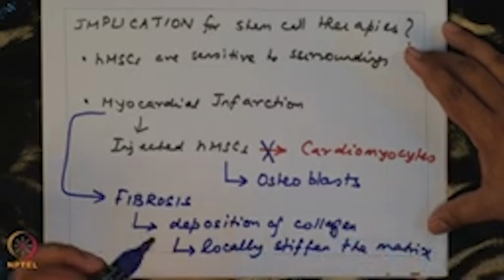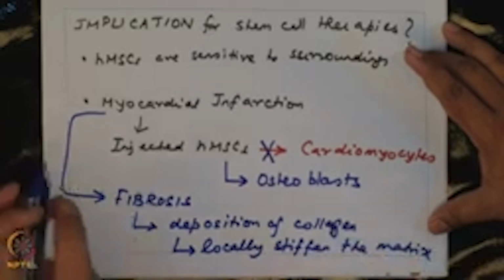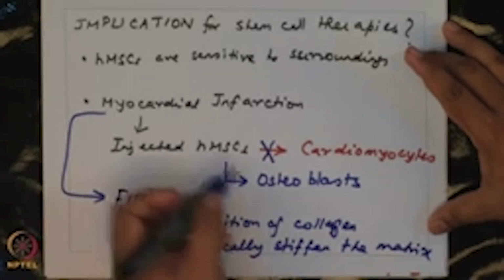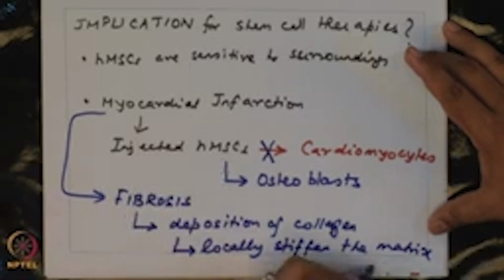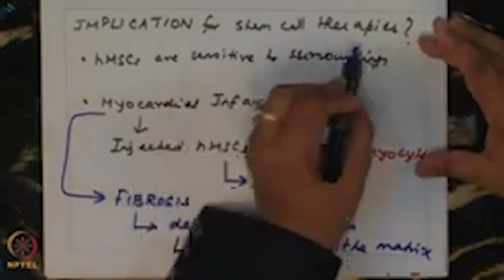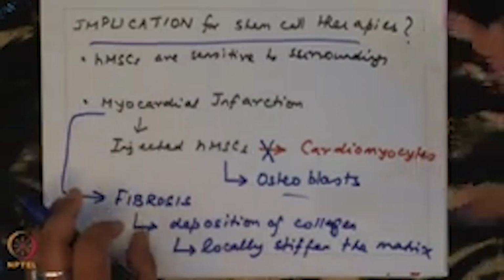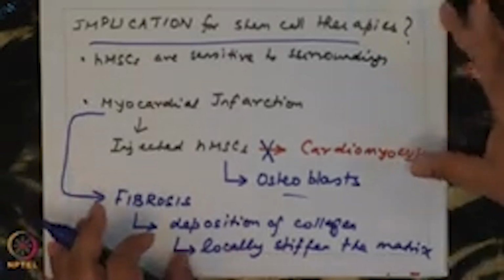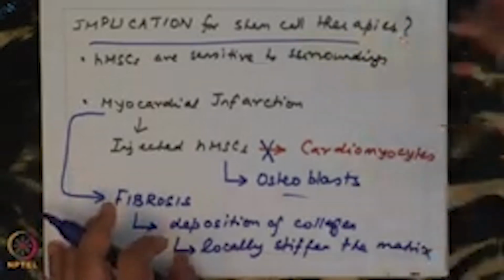Consistent with this study, HMSCs would then think they are in a stiffer environment and differentiate into osteoblasts. So, this is of key relevance. The implication for stem cell therapy is humongous. You cannot just inject stem cells anywhere and expect them to differentiate into the appropriate cell type that you want.